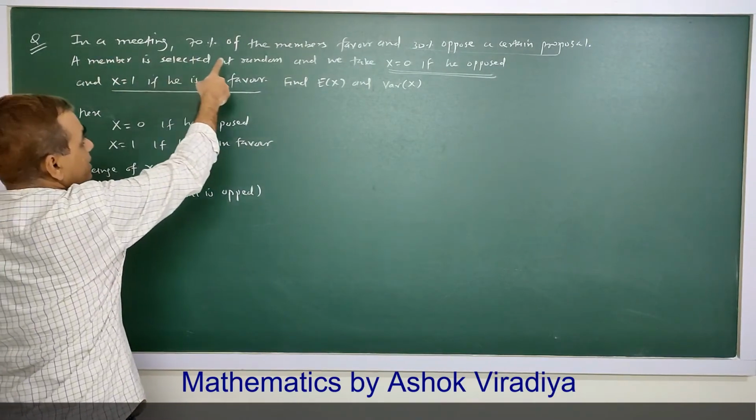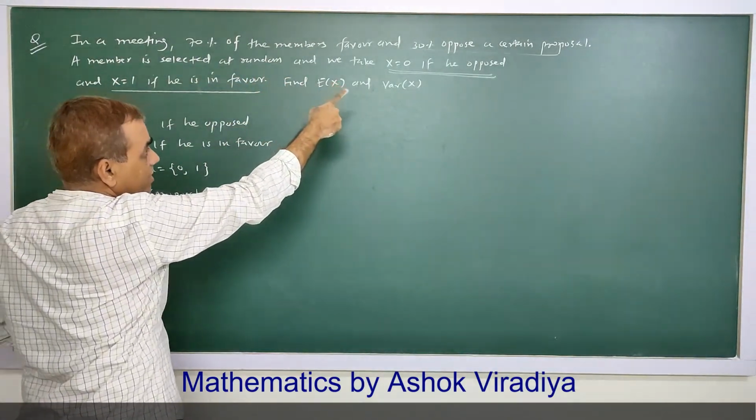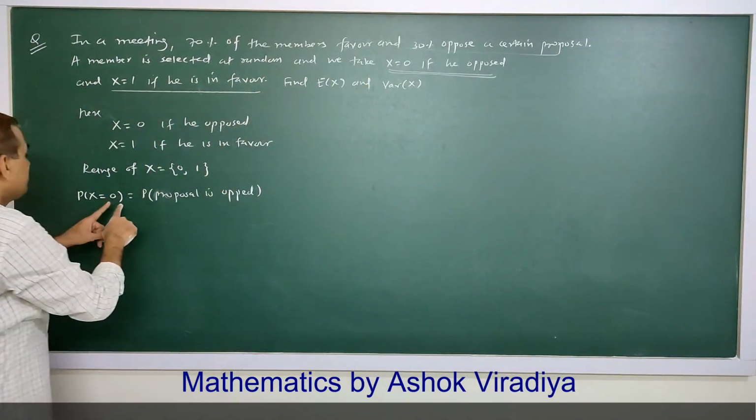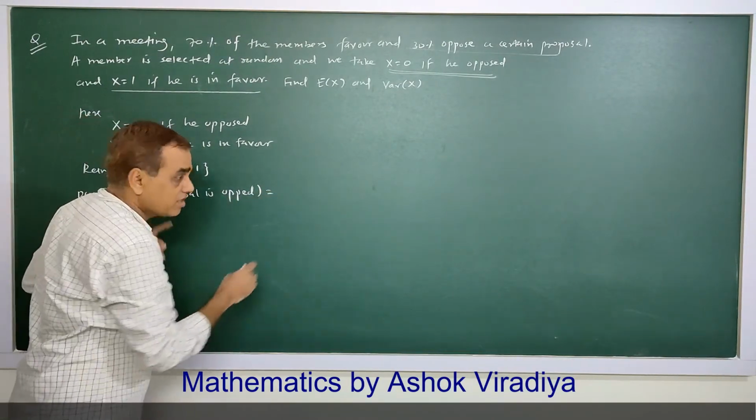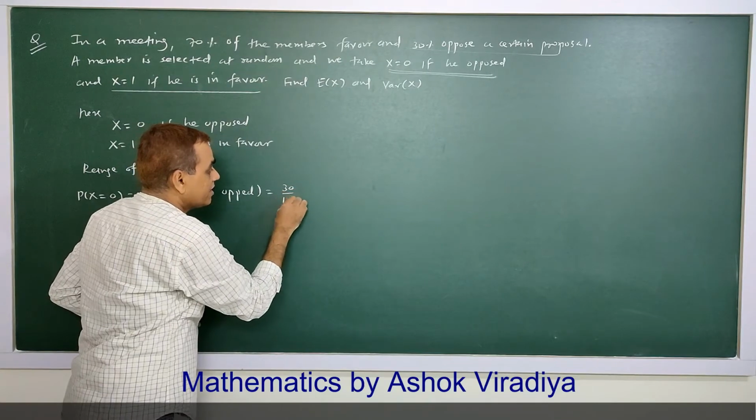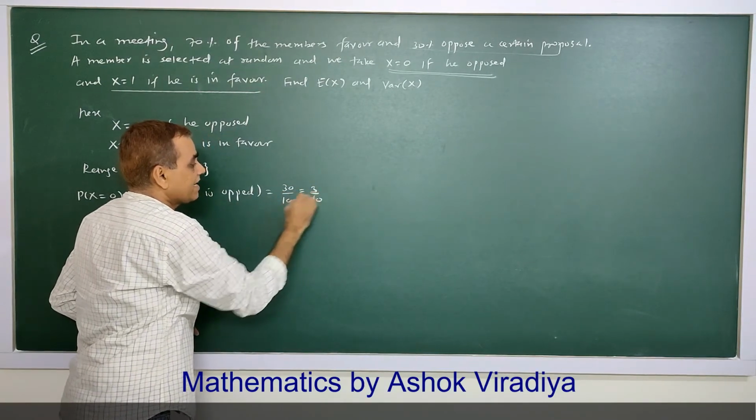In a meeting, 70% of the members favor and 30% oppose. So the probability that the proposal is opposed is 30%, that is 30 by 100, that is 3 by 10.